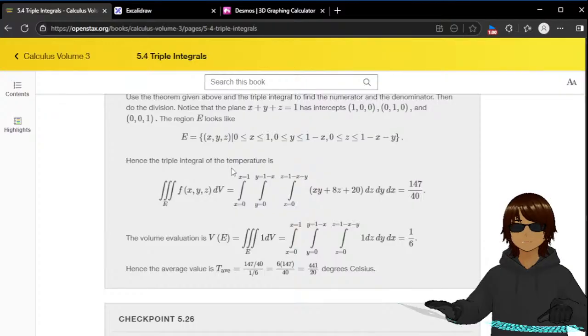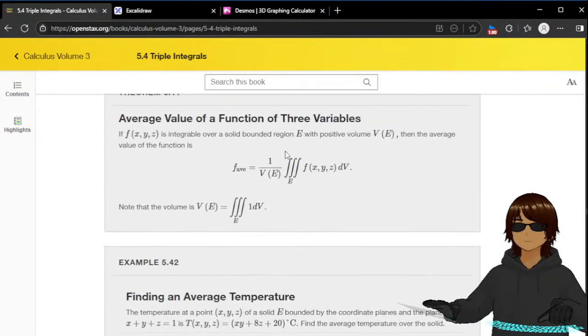The triple integral of the temperature is 147 over 40. But the volume, we take 1 over the volume.